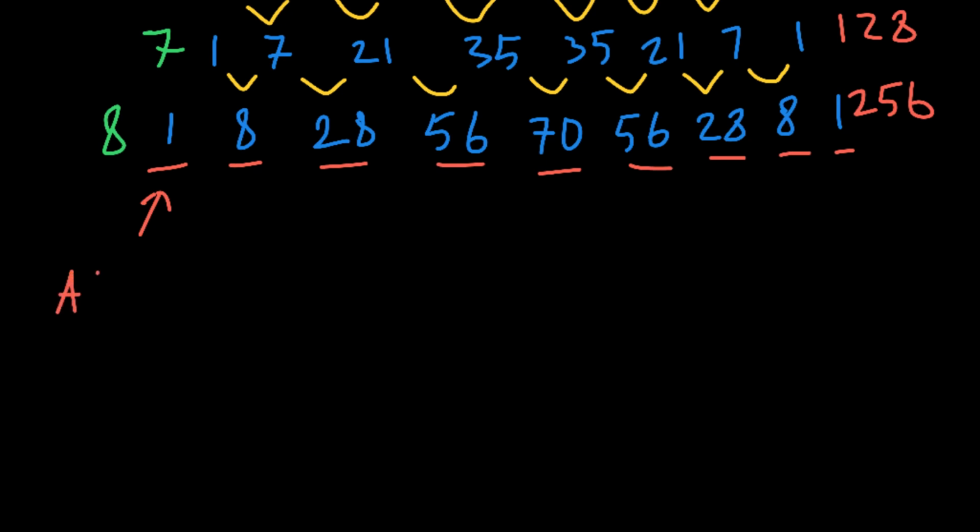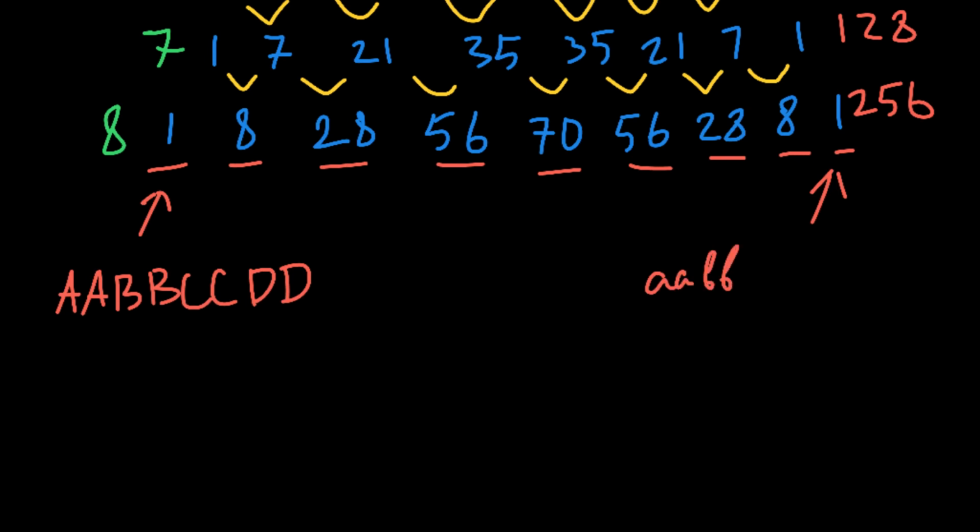So capital A, capital A, capital B, capital B, capital C, capital C, capital D, capital D. And another, extreme variant would be when all alleles would be recessive. So small a, small a, small b, small b, small c, small c, small d, small d.